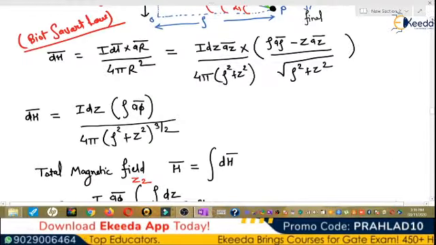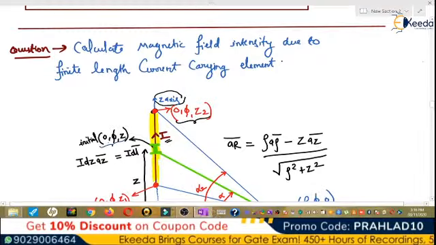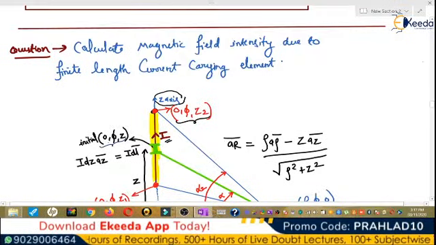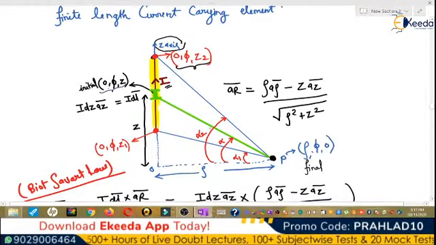Next question is to calculate the magnetic field intensity due to a finite length current carrying element. So this finite length current carrying element is given, where the height varies from Z1 to Z2, and this is the point P where we have to calculate the magnetic field intensity. It is (rho, phi, 0).